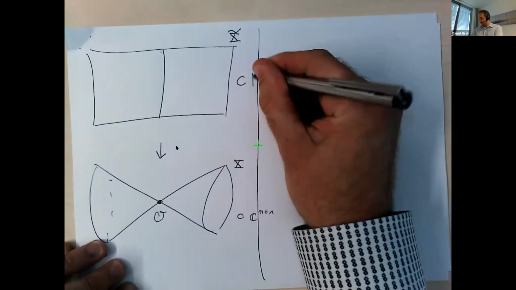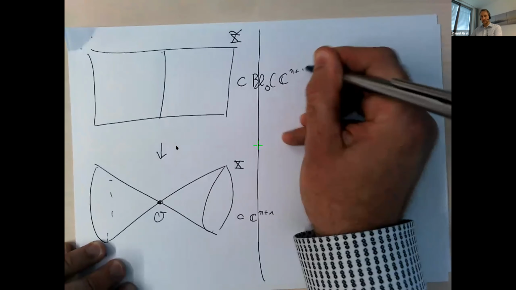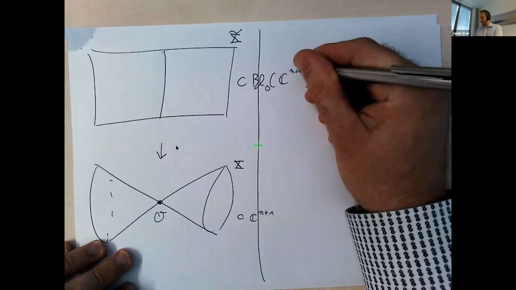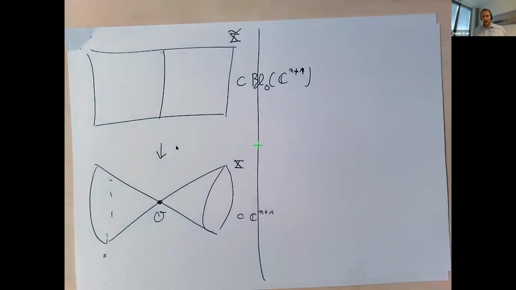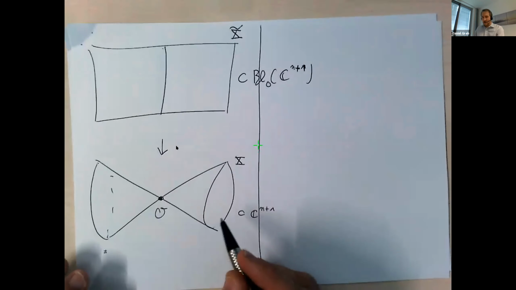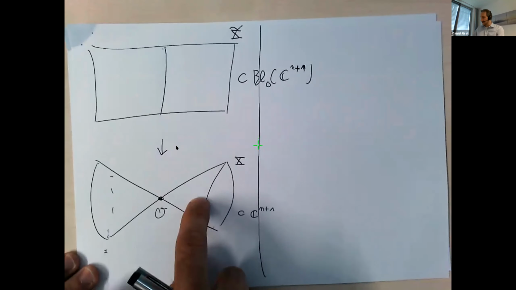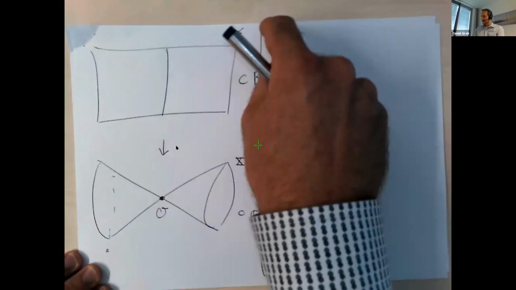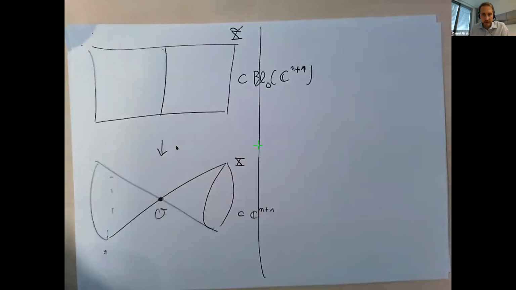That's the situation. How am I going to compute these discrepancies? I'm going to apply the adjunction formula twice, once down here for the divisor X inside C^{n+1}, and once upstairs for the divisor X tilde in the blow-up. Okay, let's do that.